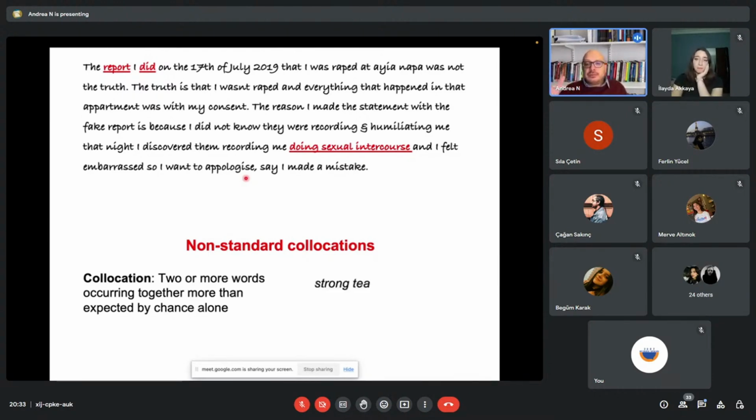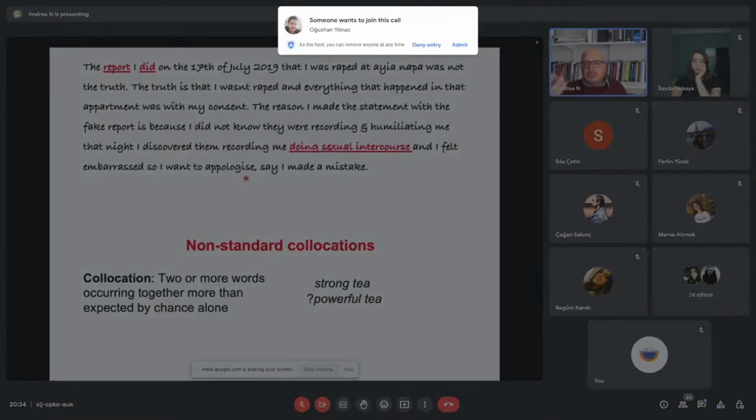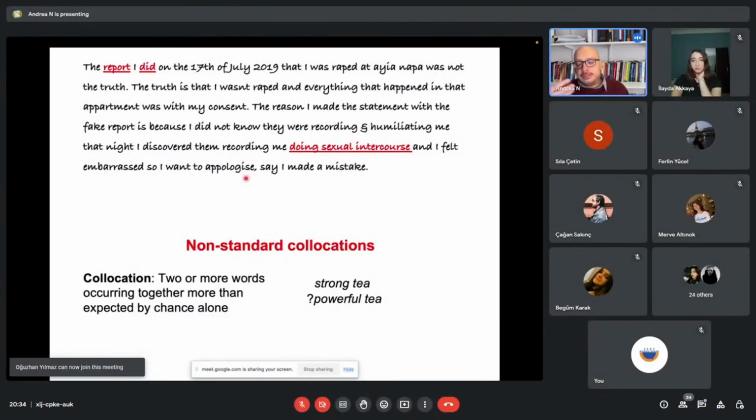So, for example, strong tea is a collocation, and this is because, for example, if I were to say powerful tea, you would still understand me, but you wouldn't, as a speaker of English, say that. So the connection between strong and tea is stronger than the connection between powerful and tea.